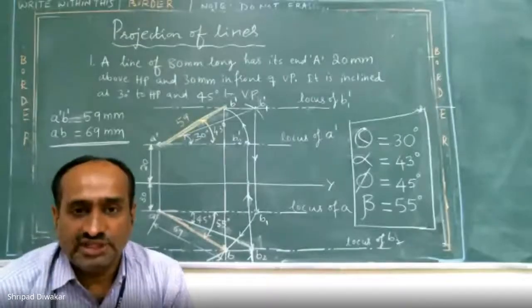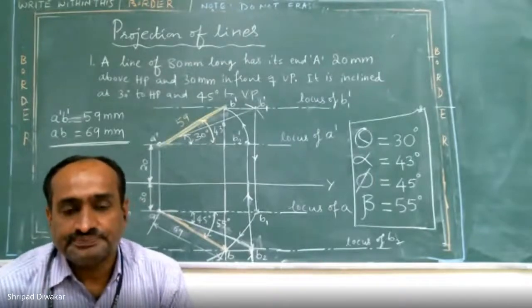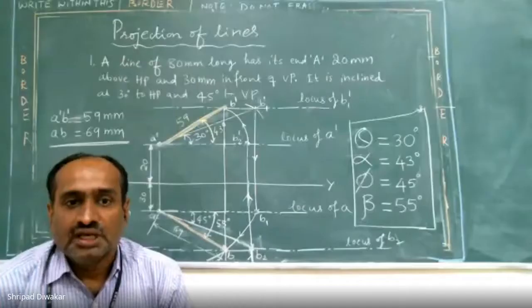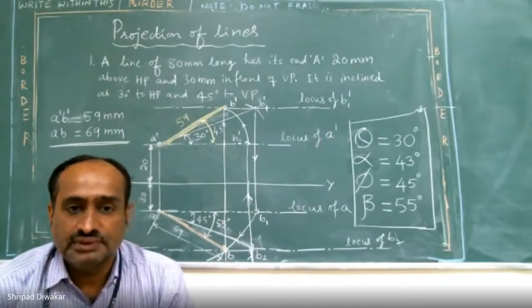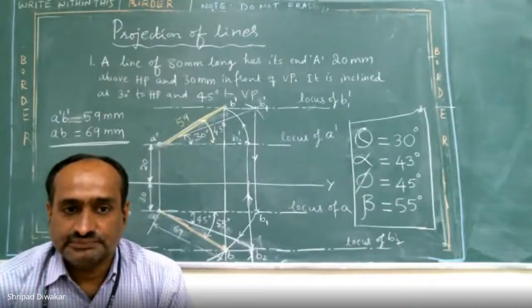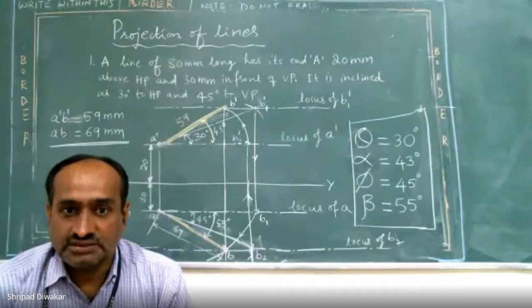A dash B1 dash. Good. What about true length in top view? A B2. Good. How about apparent length in top view? AB. And apparent length in front view? A dash B dash.